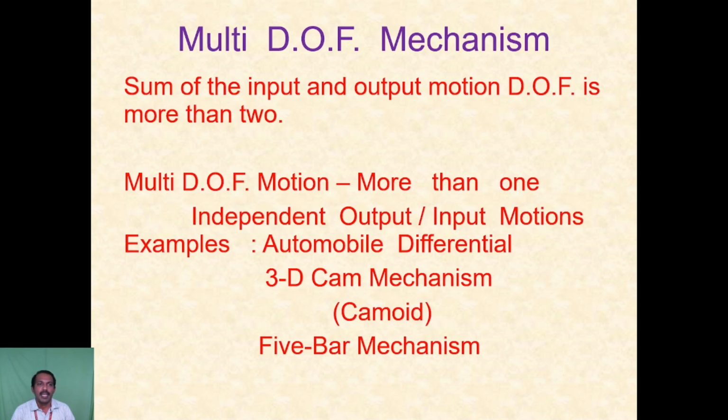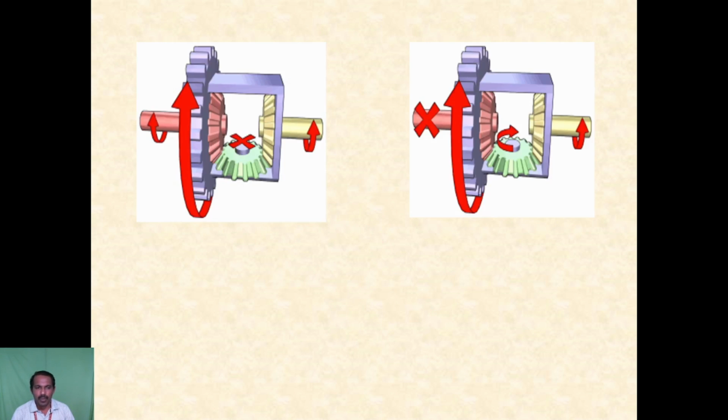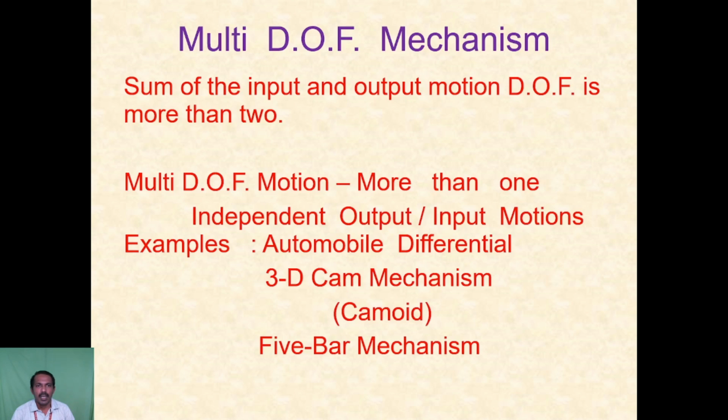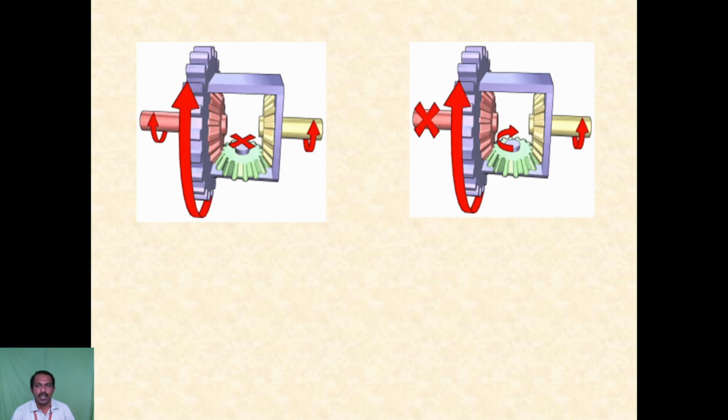Single means the sum of the input and output motion degrees of freedom is 2, but multiple is more than 2. Okay, it is multi-degree of freedom. It is a differential unit. You saw that here, this differential unit. The bevel gear is a multi-degree of freedom mechanism.